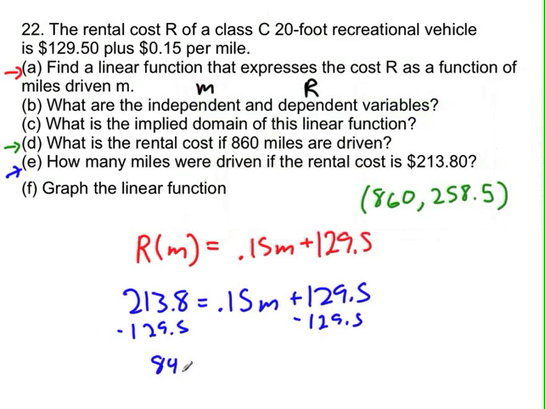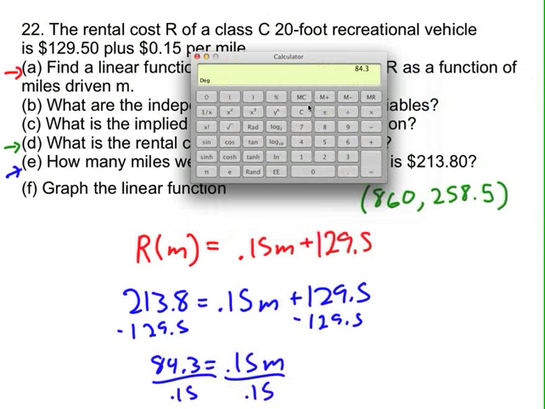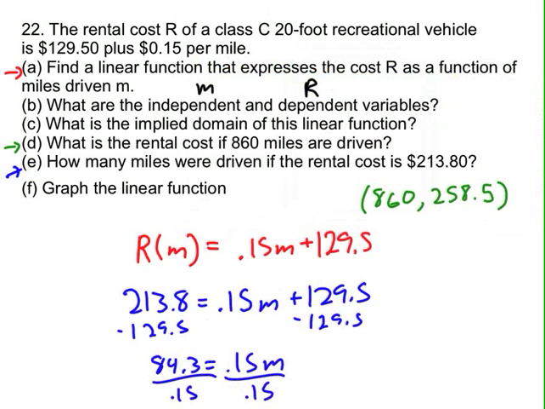So 84.3 equals 0.15 m. Divide by 0.15, and you end up getting 84.3 divided by 0.15, which is 562. So it's going to be 562 miles.